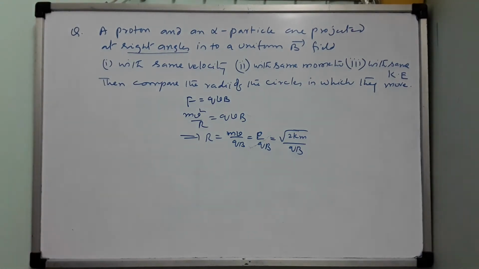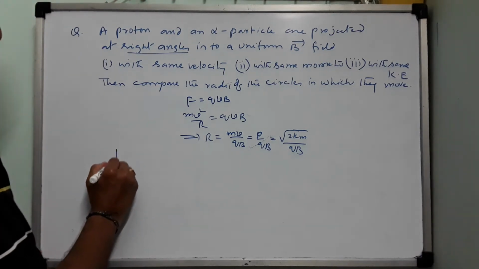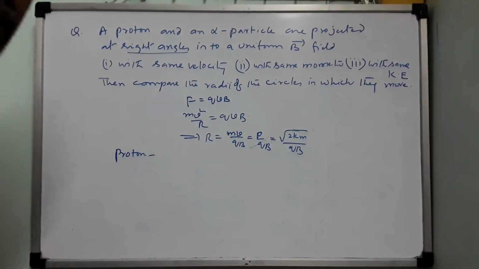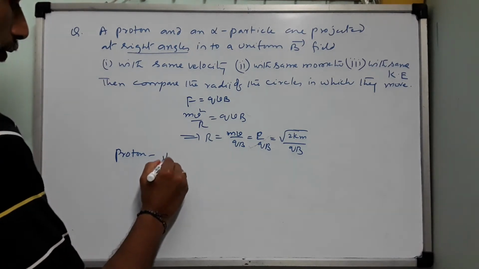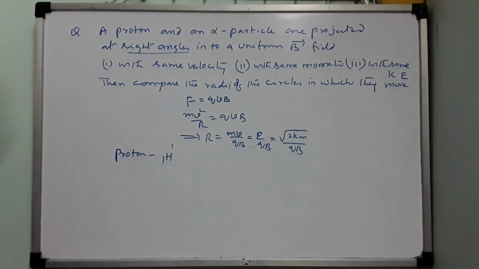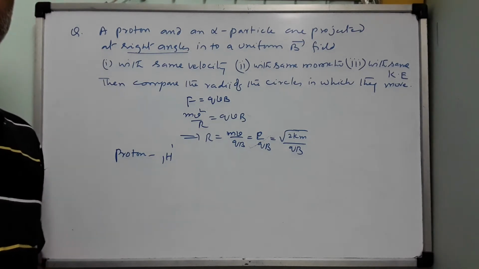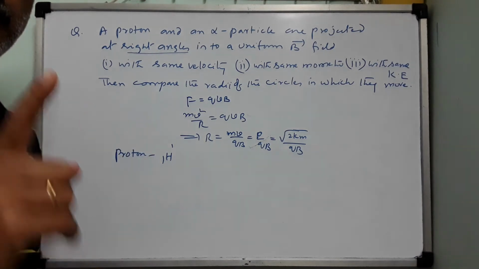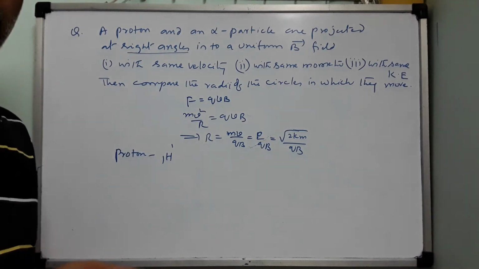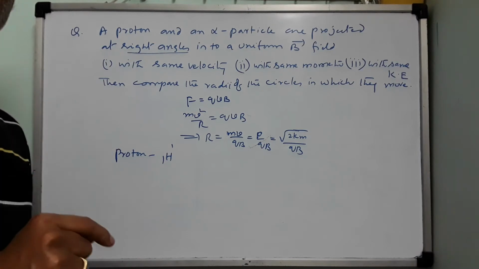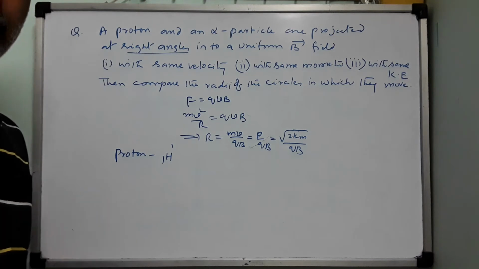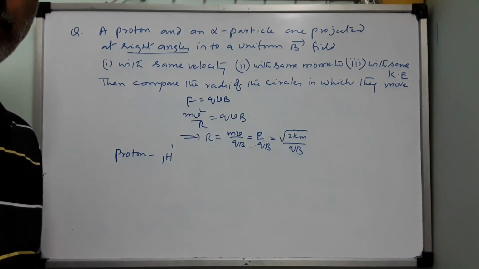You should know what a proton is and what an alpha particle is. A proton is nothing but a singly ionized hydrogen atom, that is 1H1. In a hydrogen atom there is only one proton, and around that proton there is an electron revolving. This hydrogen atom does not have a neutron in the nucleus. Is it necessary that the number of protons should always equal the number of neutrons?